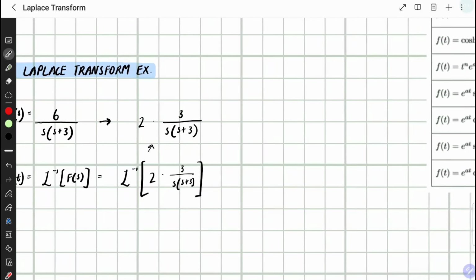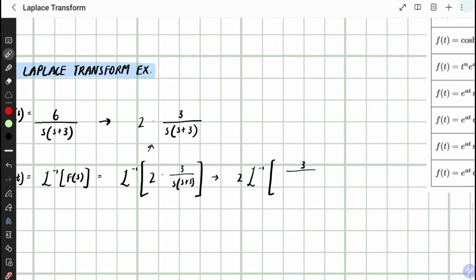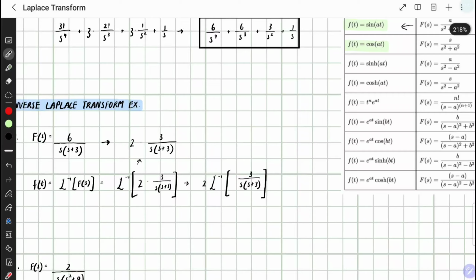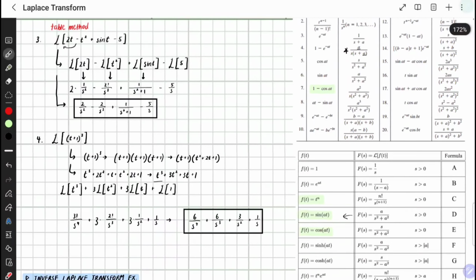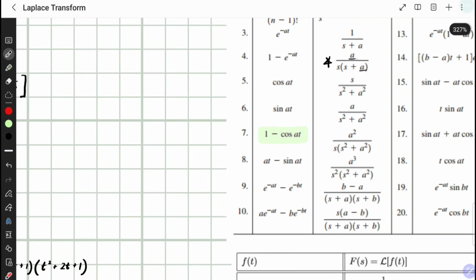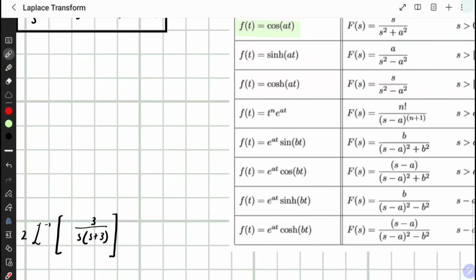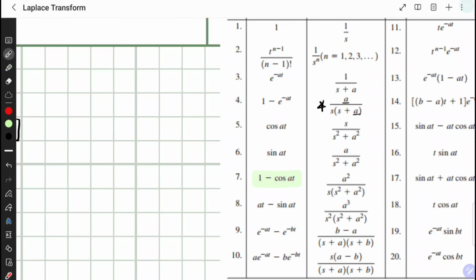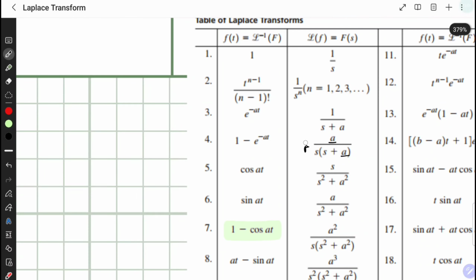We can take the factor out here, 2 times inverse Laplace, 3 over s times s plus 3. And that matches exactly our form right here, where a is equal to 3, and the inverse gets you this.